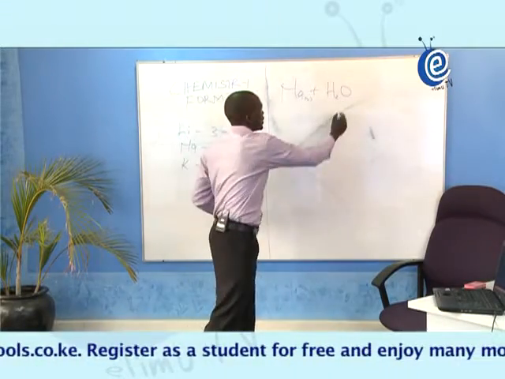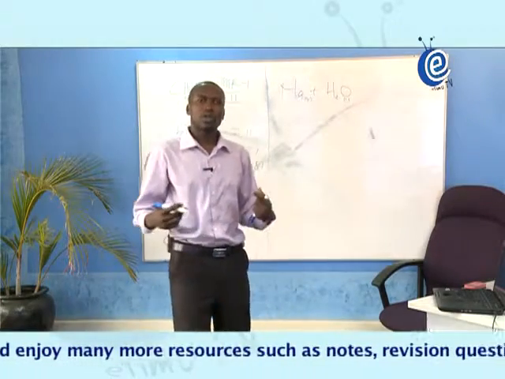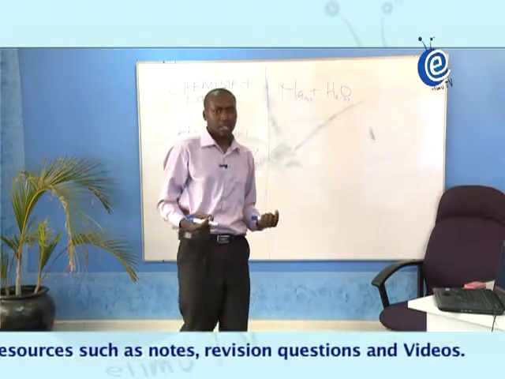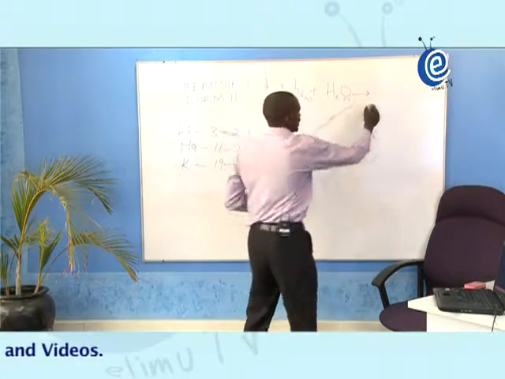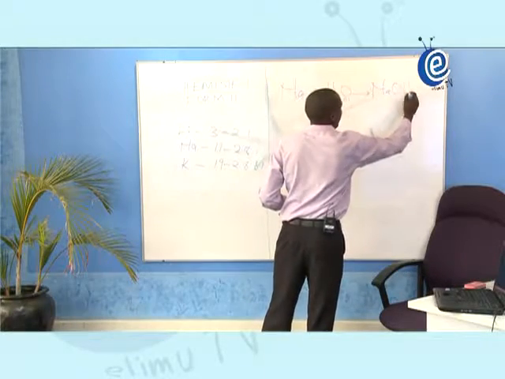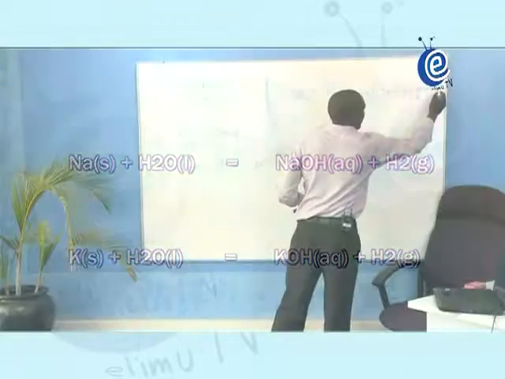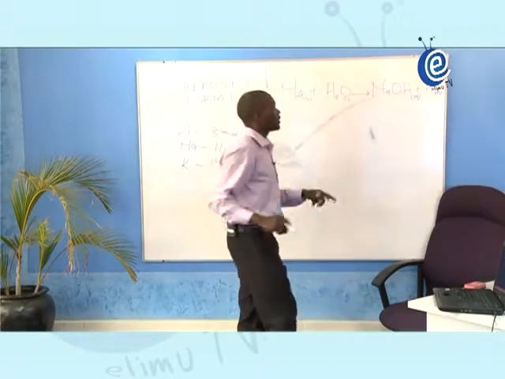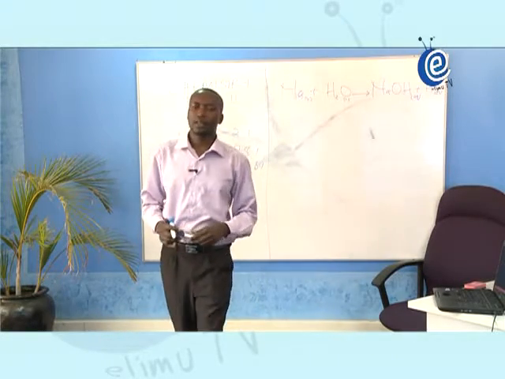And then water is a liquid, a small l, and then we form sodium hydroxide, NaOH, plus hydrogen gas. Put an arrow there. Okay, so sodium plus water, we have sodium hydroxide plus hydrogen gas.